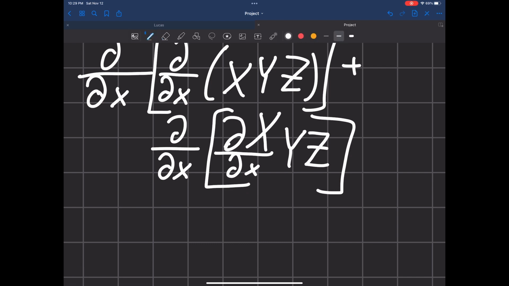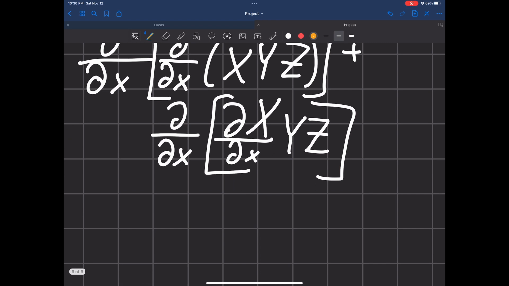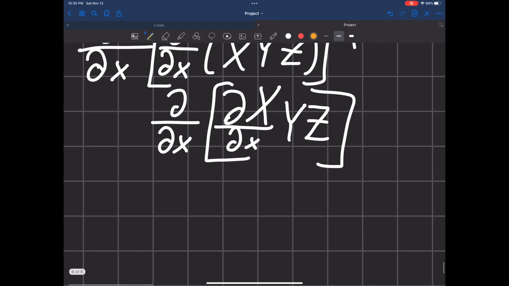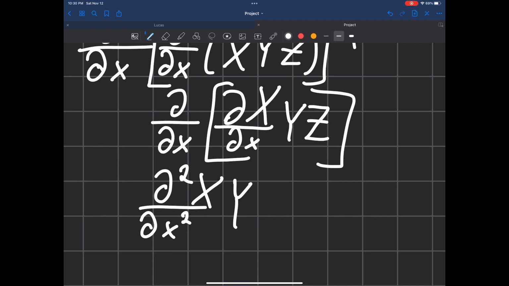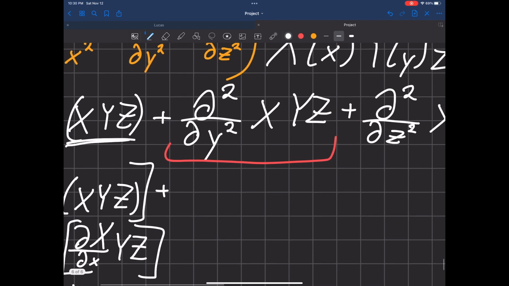Well, our y and our z functions are still independent, so they're not really going to be affected. They're just the coefficients, right? They have no change with respect to the derivative. So we're just going to get the second derivative of our big X times y times z. That's not that hard. That's pretty simple.